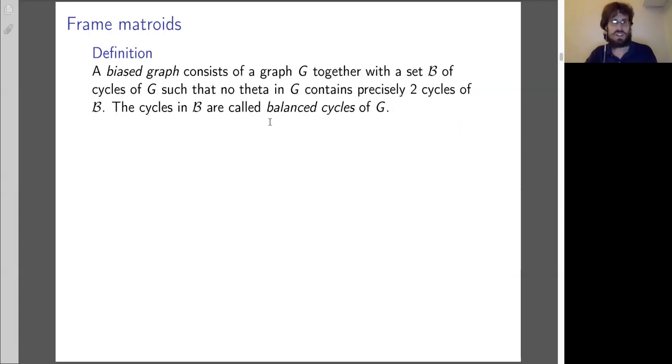And Zaslavsky showed that this is all that you need. As soon as that's satisfied, this construction will give you a matroid. So let's start making this a bit more formal. We can define a biased graph to consist just of a graph together with a set of balanced cycles, that's just any set of cycles in the graph which satisfy this theta condition.